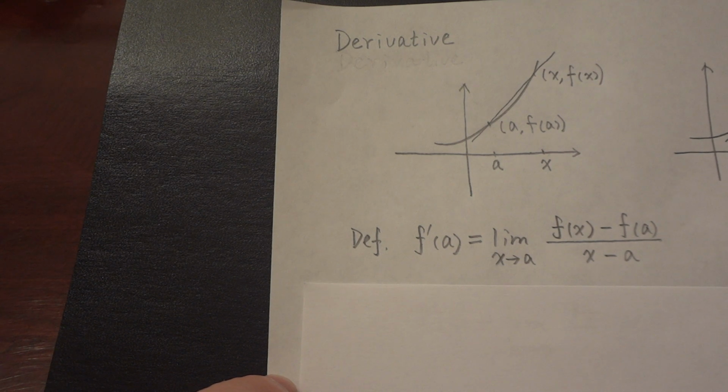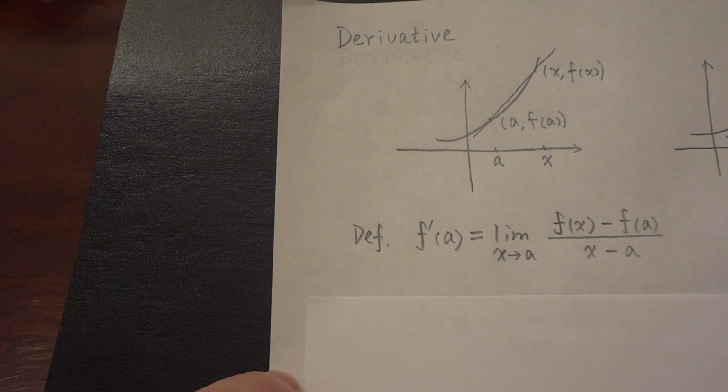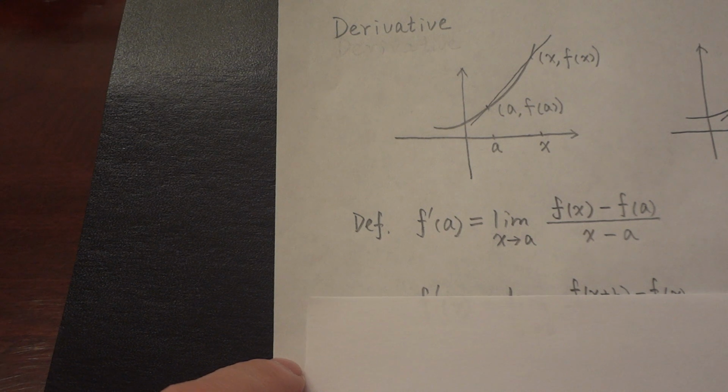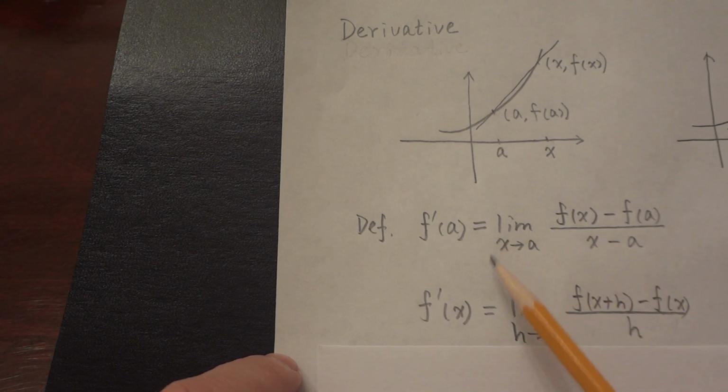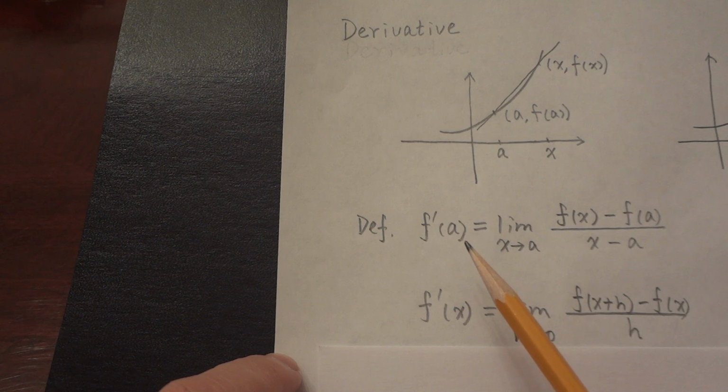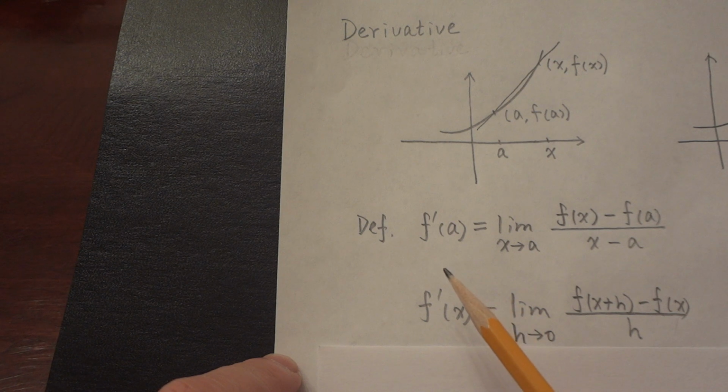There is another definition which looks slightly different, but they are really the same. Let's try to compute f prime at a point x instead of point a. Why do we want to do that? Because we want to think about the derivative as a function rather than a derivative at an isolated point a.